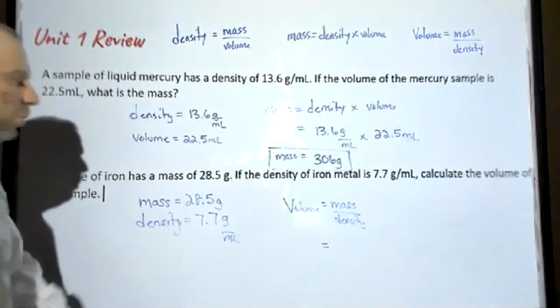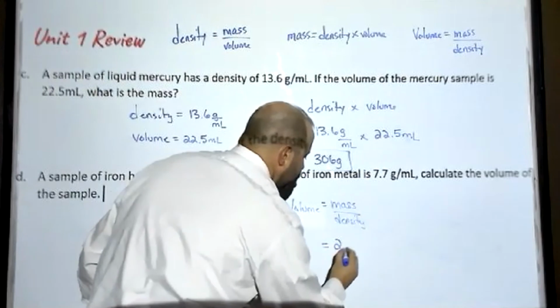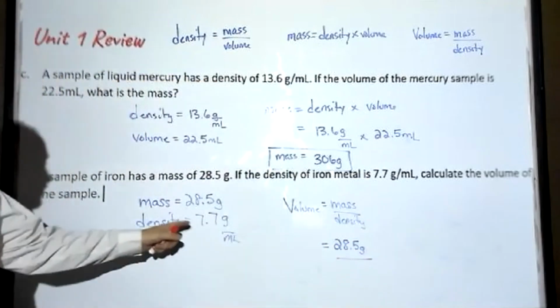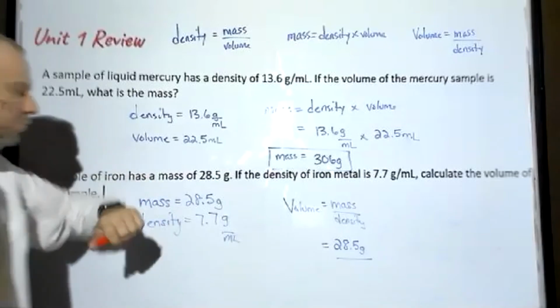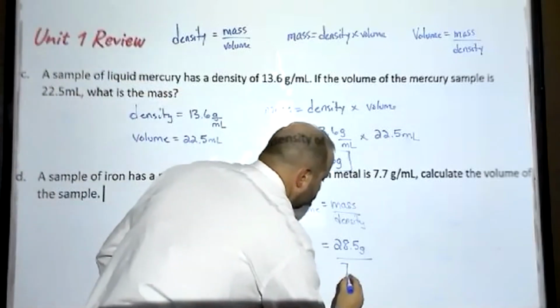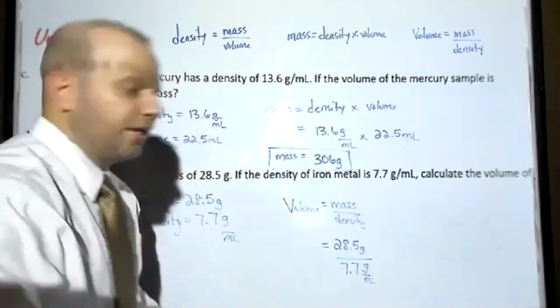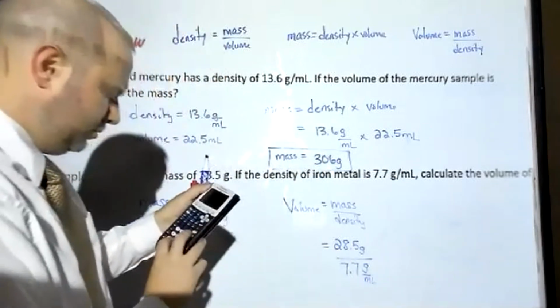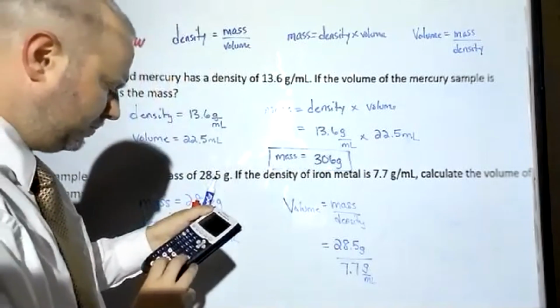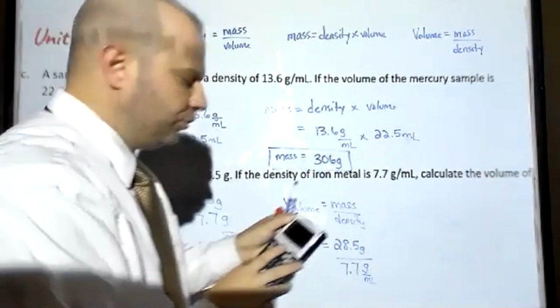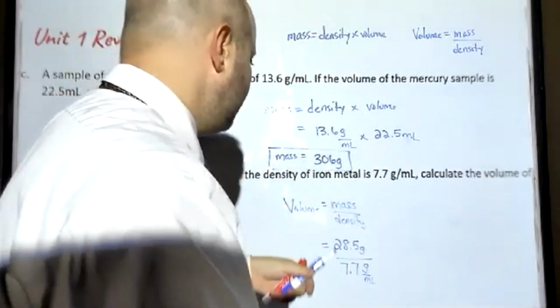So the volume is 28.5 grams divided by the density, 7.7 grams per milliliter. I can divide those two numbers, and I get an answer of 3.7.